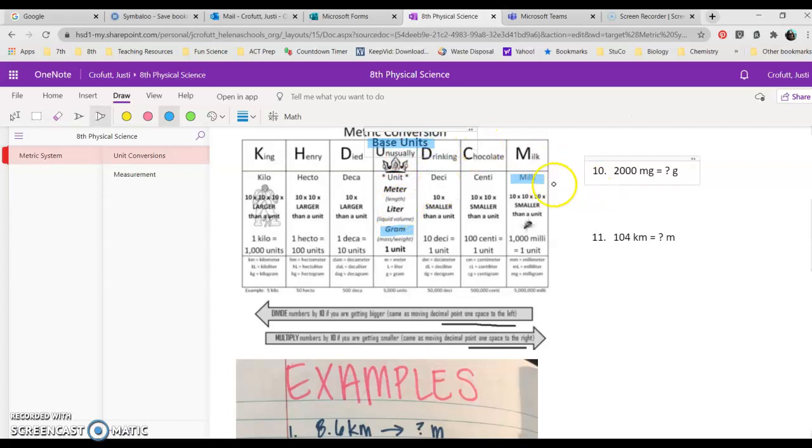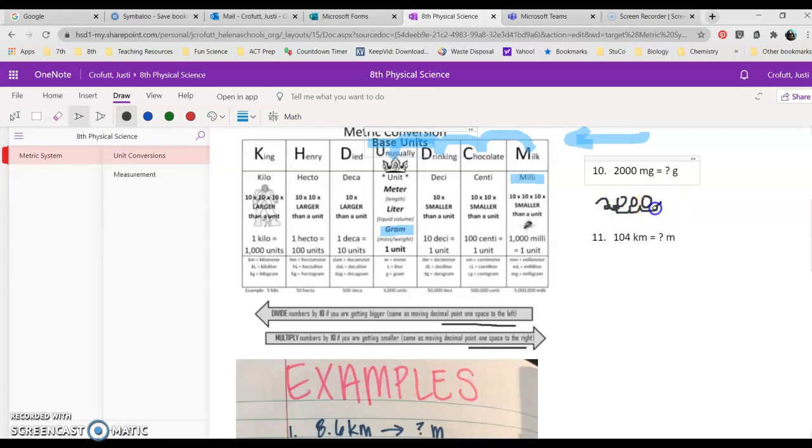I started out here at my given, and then I'm going to count 1, 2, 3. So I move the decimal 3 places to the right. 2,000, my imaginary decimal is here at the end, and I'm going to move it 3 places to the right: 1, 2, 3.